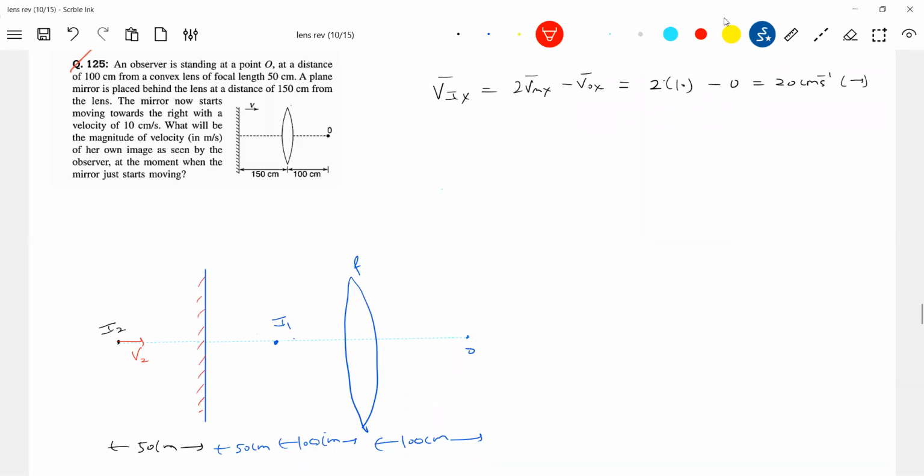Now it is at what distance? 200 centimeter. Okay, let's use the lens formula: 1 by v minus 1 by minus 200, the focal length of the lens is plus 50 centimeter.